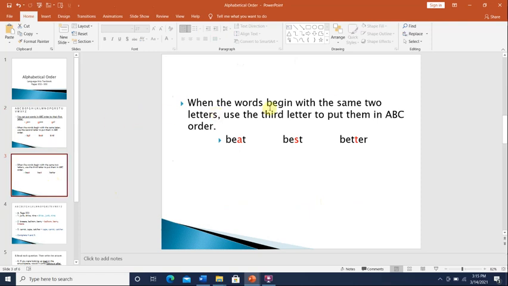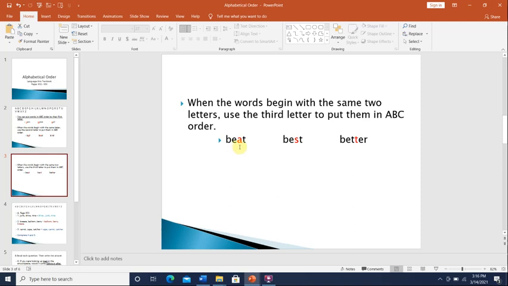So when the words begin with the same two letters, use the third letter to put them in ABC order. Here we have three words that all begin with the same first two letters: beat, best, and better. What do I do? I go to the third letter. You can underline it, and then you see which one comes first.